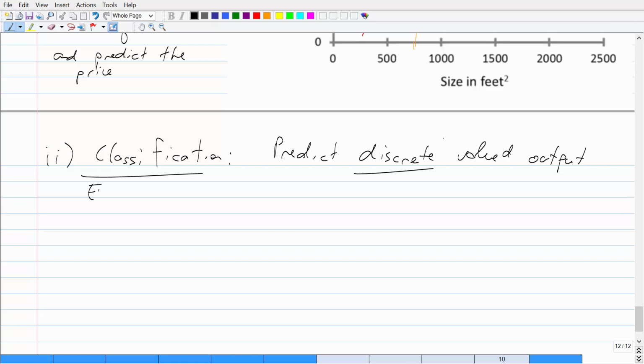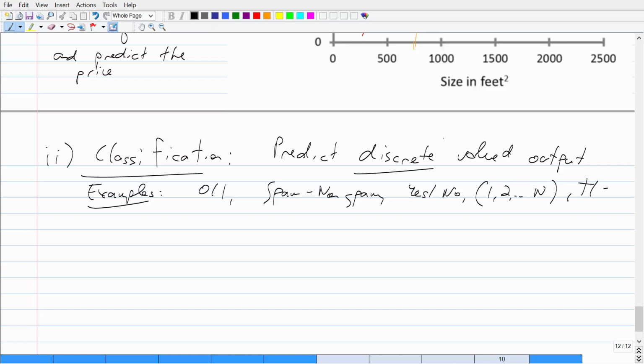So examples: we've got 0 or 1, spam and non-spam, yes, no, and so on and so forth. Or you can go from 1 up to n, right? So that's also positive, negative. That's applicable as well. So this is when you want to predict whether a data point that's coming in belongs to a discrete number of classes, all right?